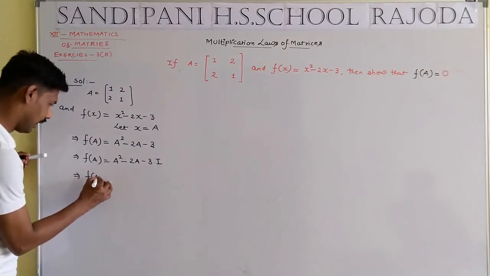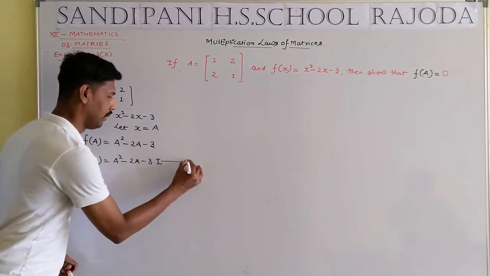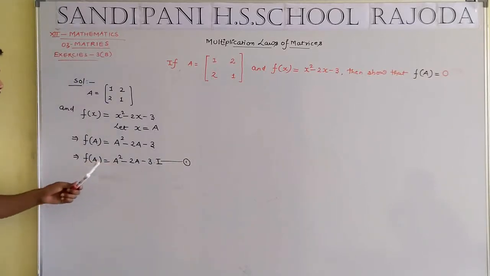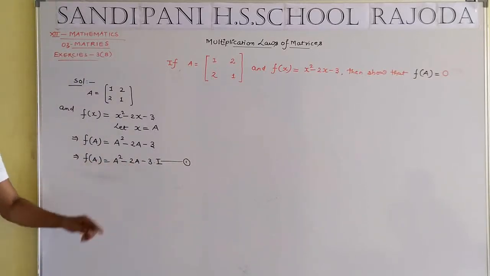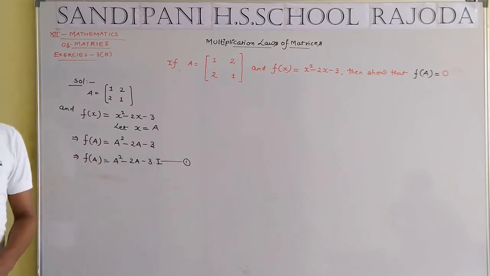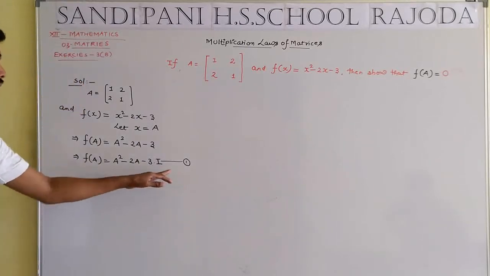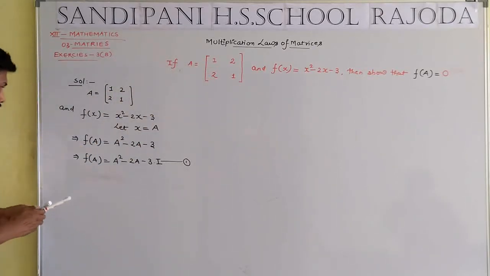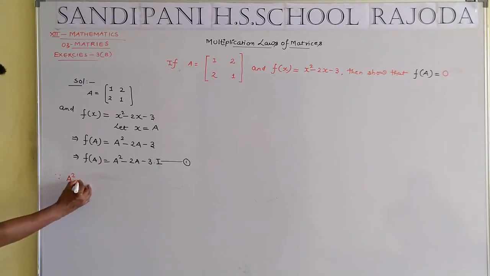Equation number first. So student, we have to find A square, 2A and 3I, then we put them in equation number first. So the required solution is in the form of 0. Firstly we have to find the value of A square. What is the meaning of A square?